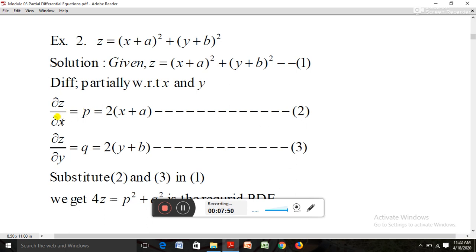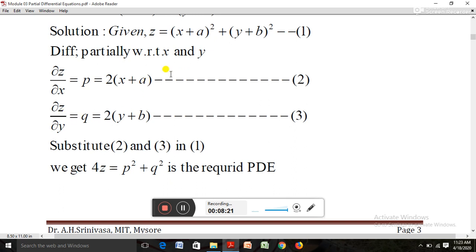With respect to x, x plus a bracket square is treated like x square, so it is 2 into x plus a into the x differentiation, which is 1. The y plus b term is a constant, so its differentiation is 0. So p is equal to 2 into bracket x plus a. This is equation 2.